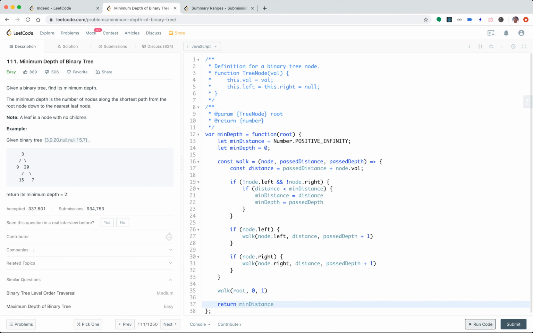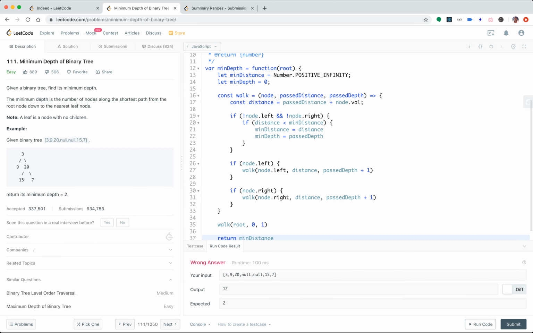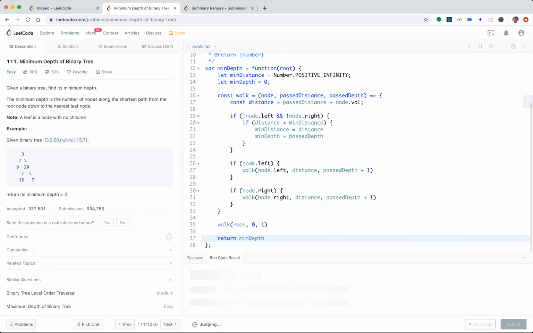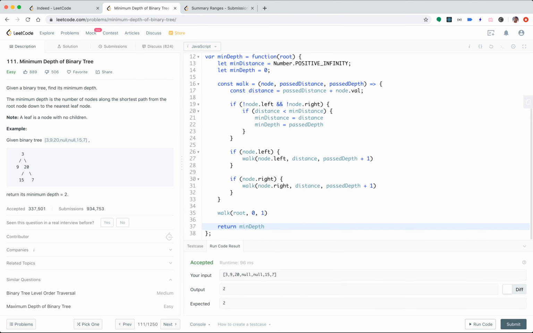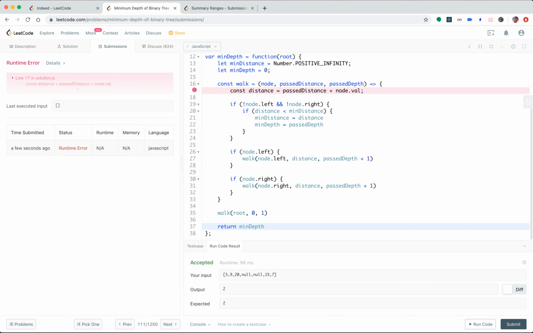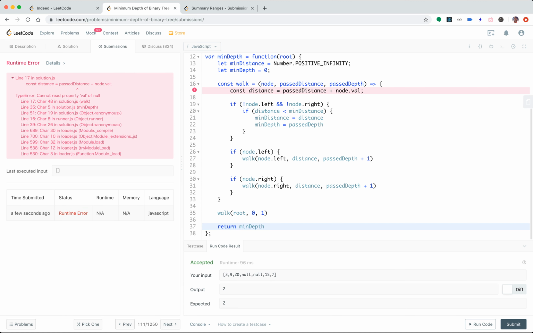Run the code. We're wrong. Output is 12. Min depth. Sorry. Oh yay! It seems that we're getting it right. Runtime error: cannot read property val of null.